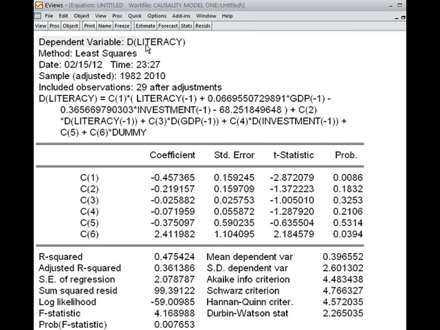You know, the VECM model automatically makes the variable into first difference all the time. You see, last time we put only the literacy, but the VECM model converted it into first difference. You can see from here there is a D, right?